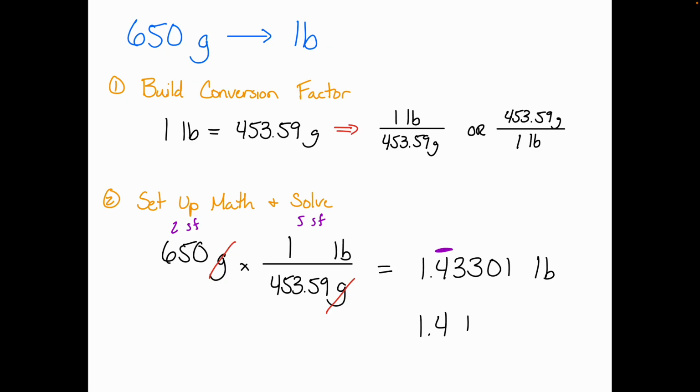Most conversion factors have a lot of digits, but nonetheless, to be extra careful, we're going to take into account those 5 sig figs. So 2 versus 5, our final answer should have 2 sig figs. Cool?